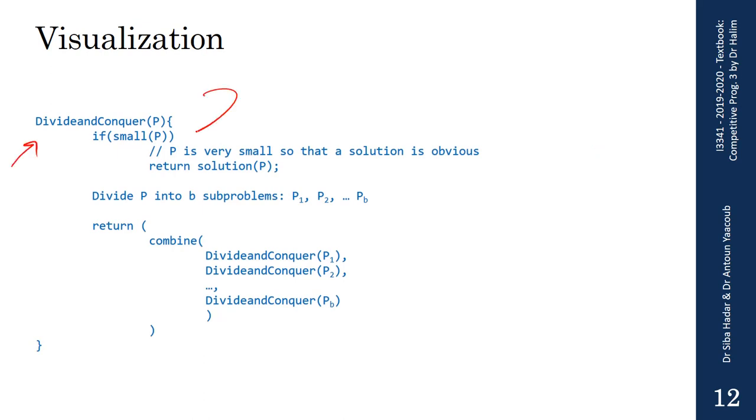The stopping condition is where the problem p is very small and we know how to compute it easily, so we return the solution of the problem p. If that's not the case, we subdivide this problem into b sub-problems, and then recursively we call the same function, divide and conquer, with the smaller sub-problems as parameters, and then we combine the solution of each such sub-problem.